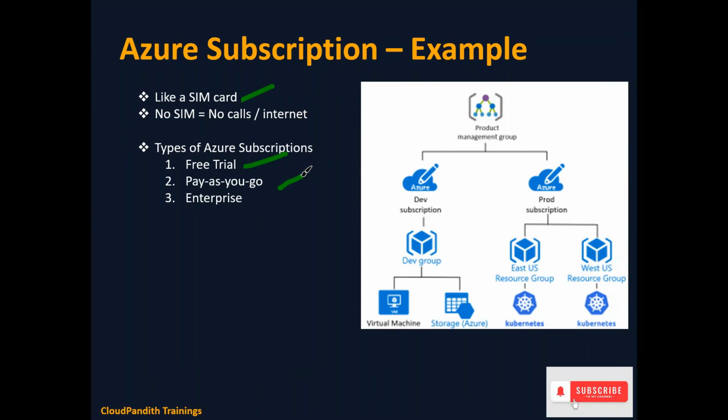Similarly, for whatever services you have used, they will generate an invoice at the month end, and you can make the payment against that. Finally, you have an enterprise subscription, which is used by companies. The company pays the bill and the employees use the resources. As beginners, you all need access to any one subscription to practice the labs.